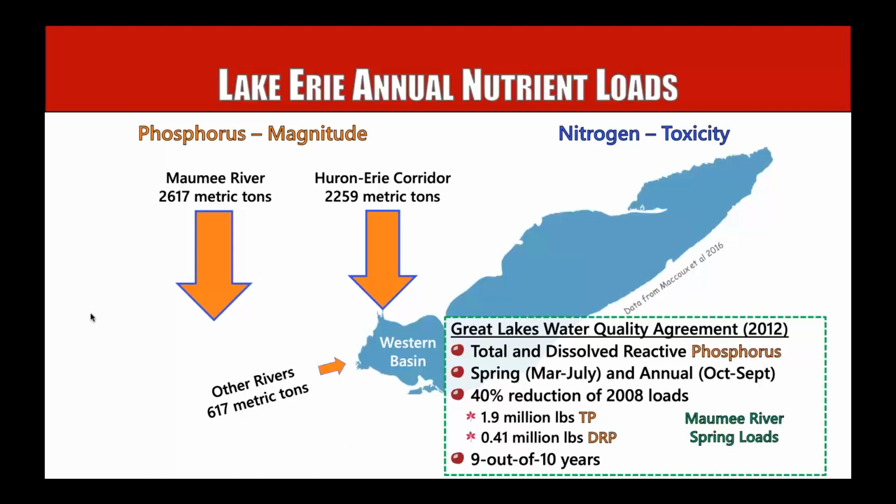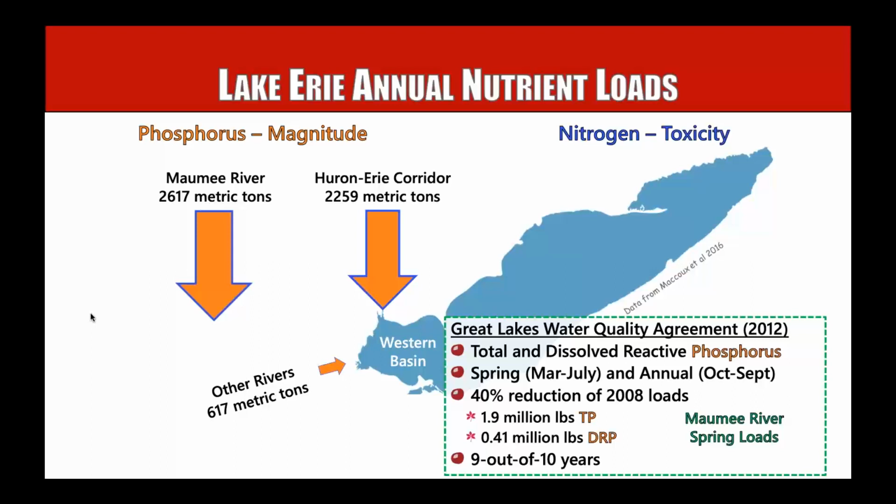So if we want to be able to reduce phosphorus going into Lake Erie, it's good to focus on the Maumee River watershed. And our group's done a lot of work there over the years, and that's where this project is focused as well. In the bottom right are some other pieces from the Great Lakes Water Quality Agreement. So we're focused on spring loads mostly to affect harmful algal blooms.